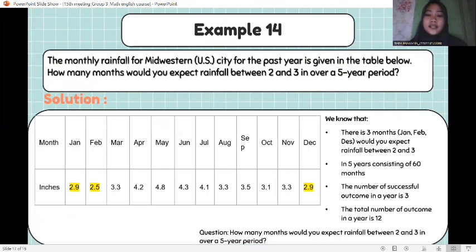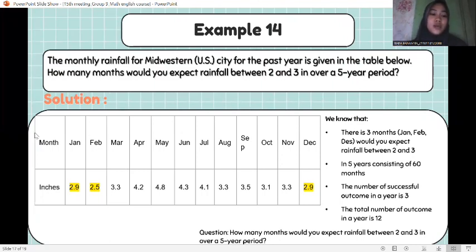Okay, the last example is example 14. The question is, the monthly rainfall for Manchester, a US city, for the past year is given in the table below. How many months would you expect rainfall between 2 and 3 in over a 5-year period?